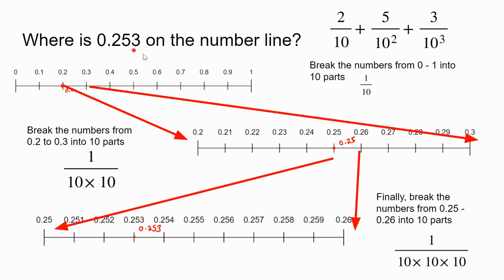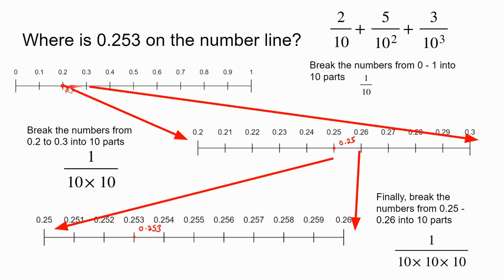So 0.253, remember that would be like 2 over 10 plus 5 over 100 plus 3 over 1,000. So if I go to my number line and I go between 0 and 1, that's where the 0.2 is. So 0.2 is at the second slash.